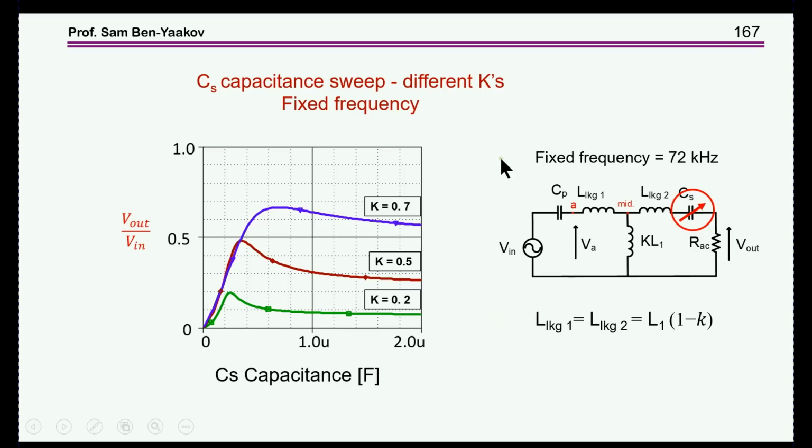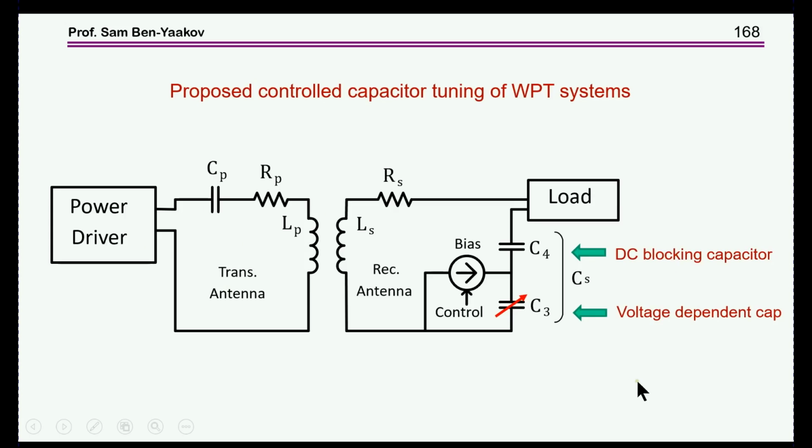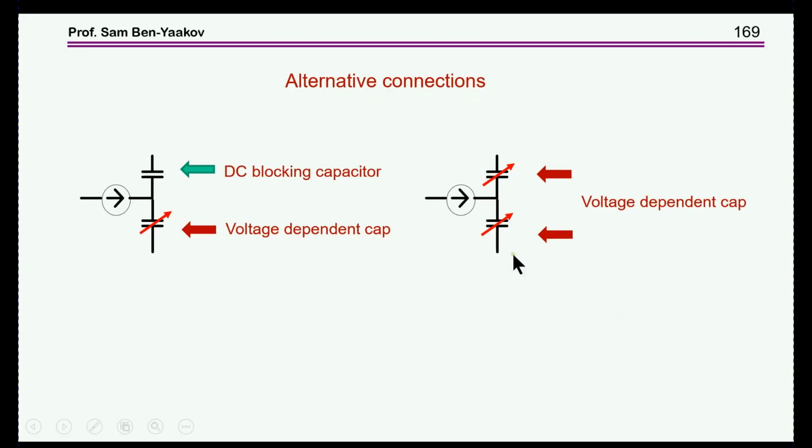So here is a simulation of what can be done. This is now changing the capacitance, and these are the peak outputs that you get. And here is a system that was built. We have a transmitter, receiver, variable capacitor, and a bias.